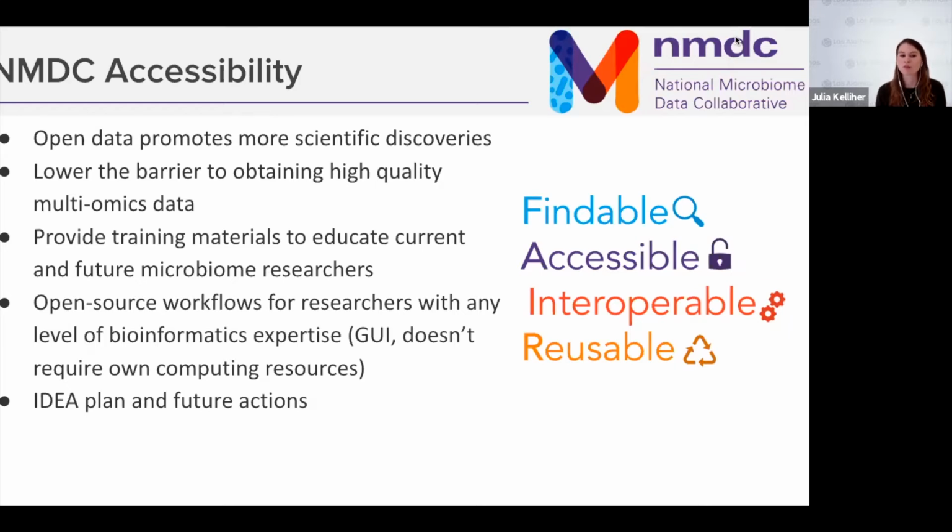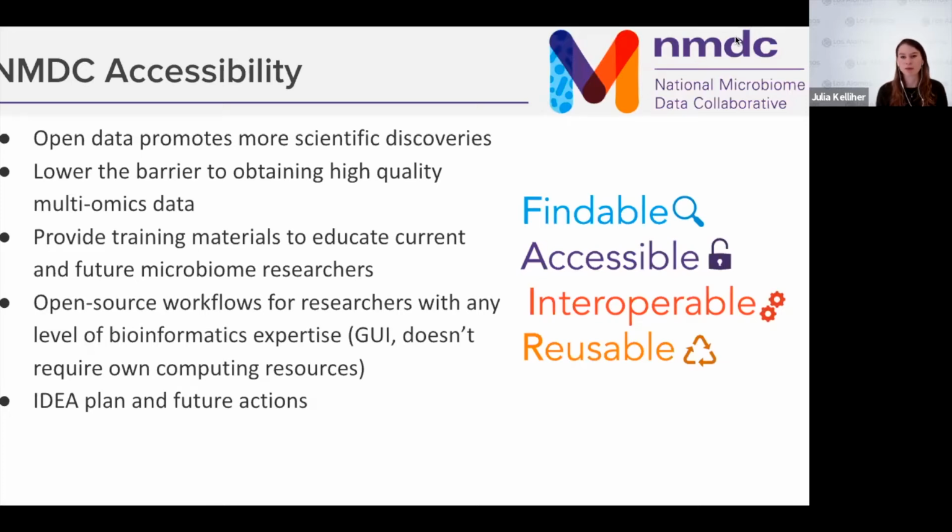And like I had mentioned before, the NMDC offers these open source bioinformatic workflows for researchers with any level of bioinformatics expertise. So it's in that nice user-friendly GUI, doesn't require your own computing resources, which I know can be a big struggle for a lot of researchers, is having that computing power and that expertise for the bioinformatics. So the NMDC is really trying to tackle this accessibility in a lot of the products and the offerings that the NMDC provides.